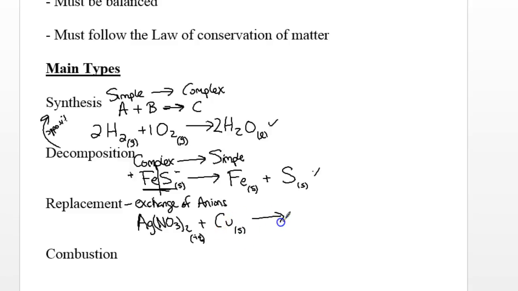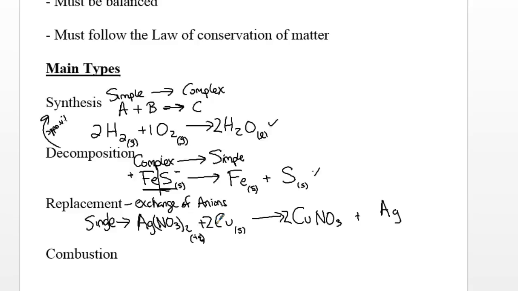This is solid, and then on the other side, the copper takes hold of that nitrate, and then we get Cu(NO3)2 plus Ag. So this is a single replacement, where one single anion is exchanged to the other cation. Okay, and then we have to make sure they're balanced. So we have two nitrates here, we just put this two in front of there, we put the two in front of the silver, so it comes over there, and then it looks like it's balanced.